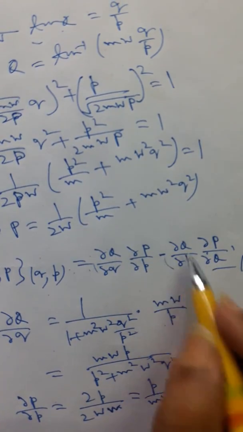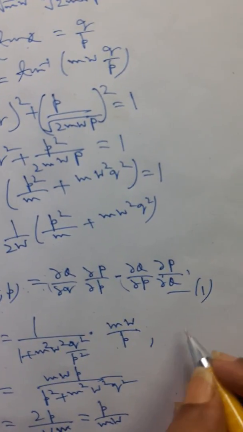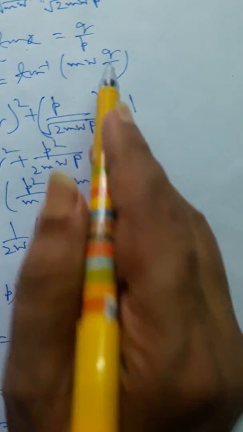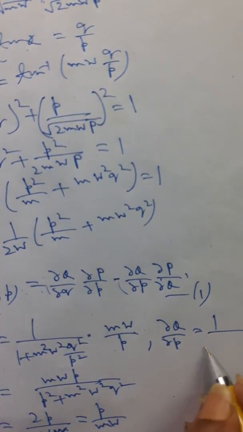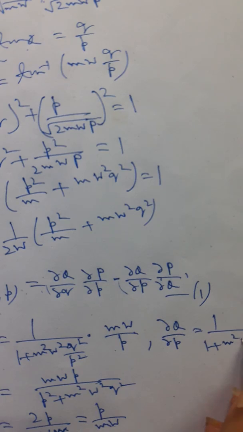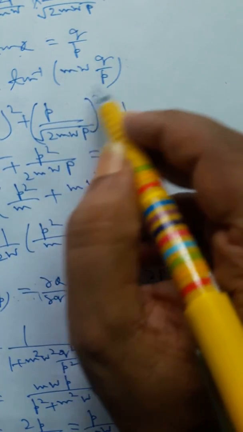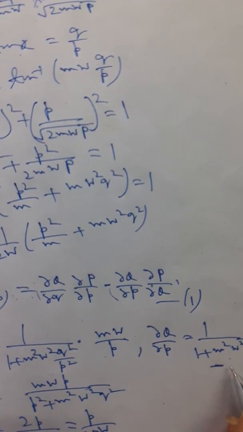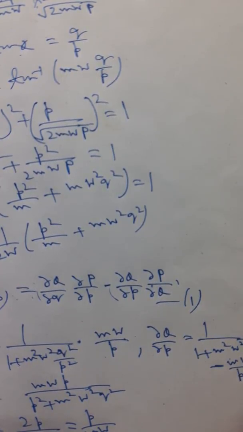Now we have to calculate del Q, del p. So del Q, del p will be, Q is the function and p, 1 by 1 plus m square omega square q square by p square, and here for the differentiation within the bracket m omega q by p, that will be given by minus m omega q by p square.